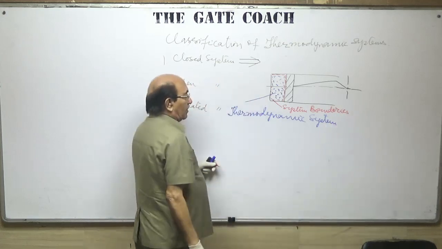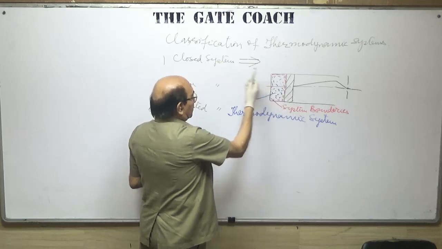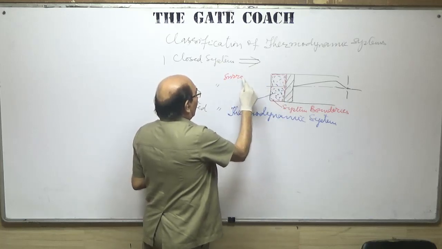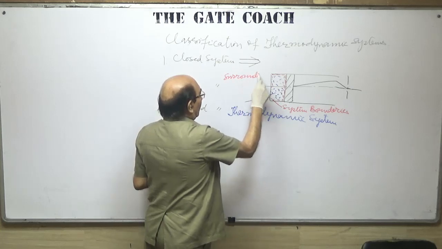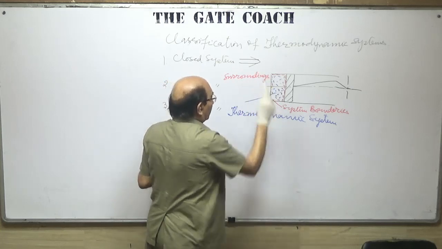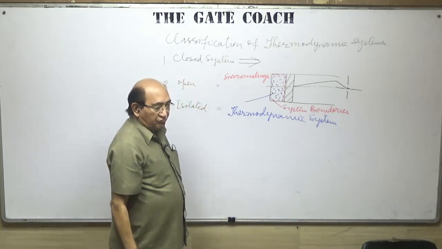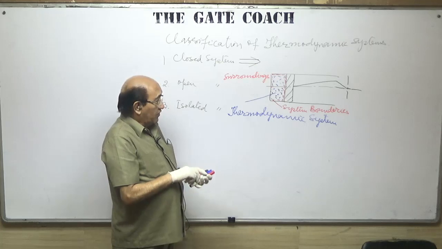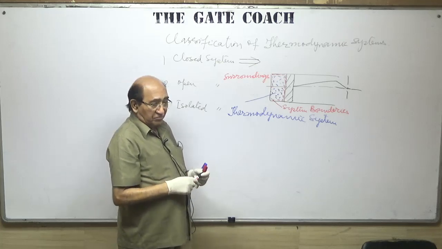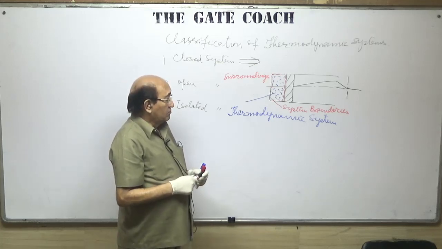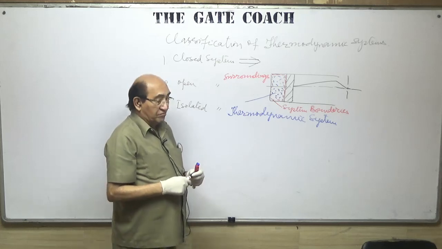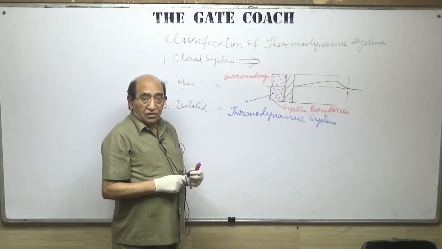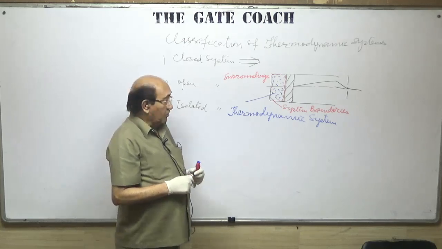And finally, everything external to the system, they are the surroundings for the system. Once I have marked down these three terms, the thermodynamic system, boundaries and surroundings, that means we are clear about our objective.